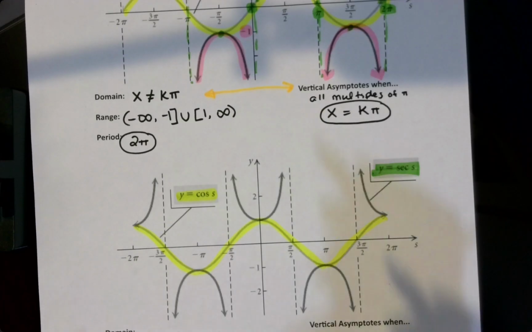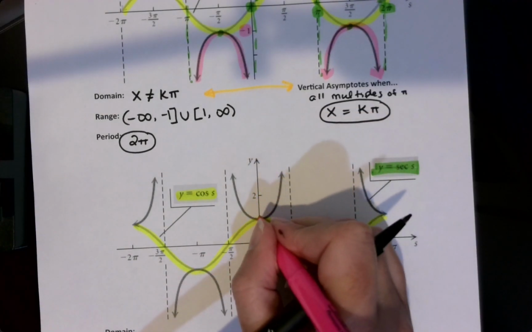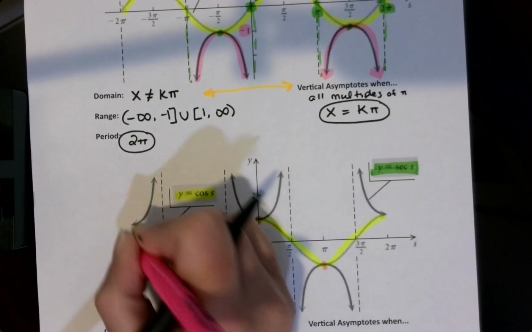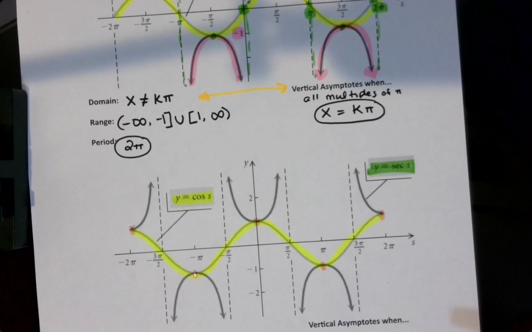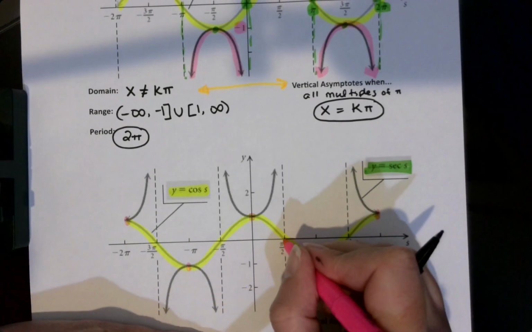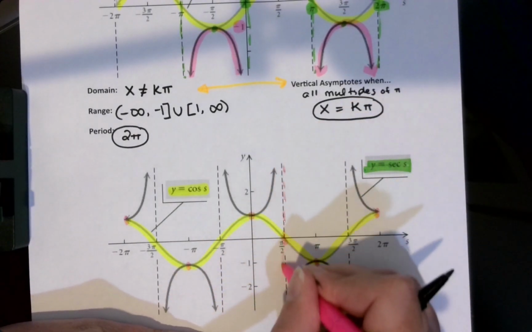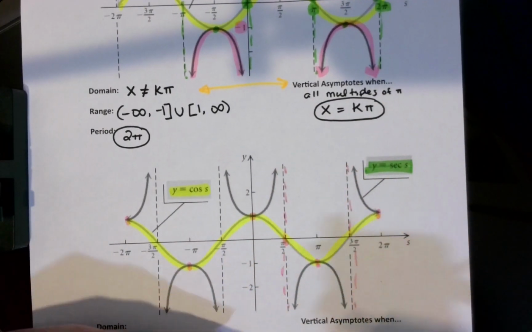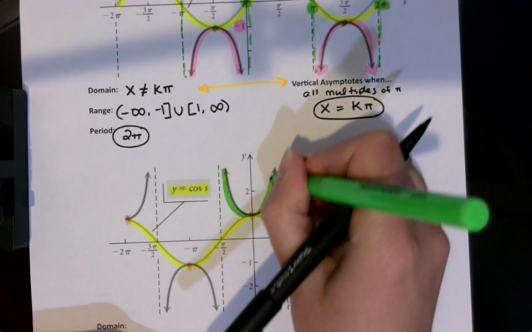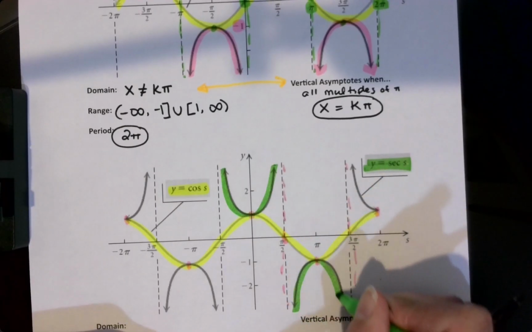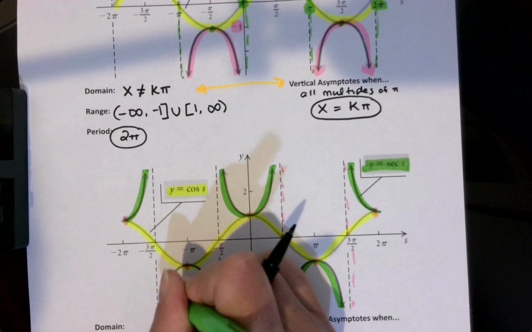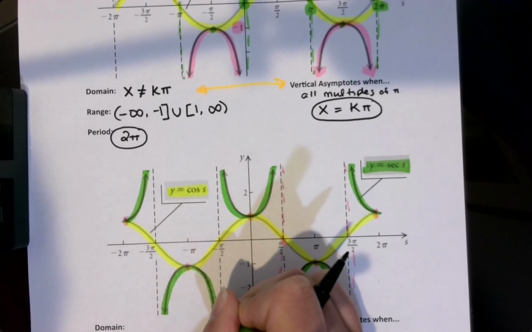Anywhere that cosine was equal to 1, the secant is still equal to 1 or -1, similar to what we saw with our sine and our cosecant. And anywhere the cosine function is equal to 0, that's where we're going to have our asymptotes. Okay, so the secant function is this function here. It makes these U-type shapes. They're in a different location than the cosecant ones above, but very similar properties for these graphs.